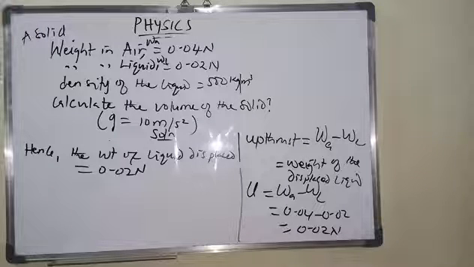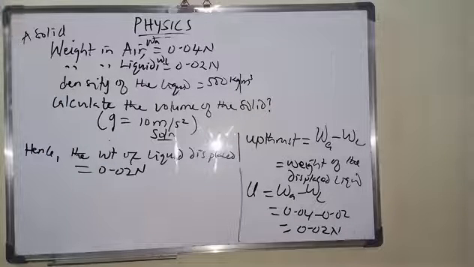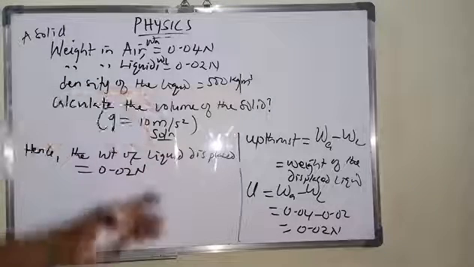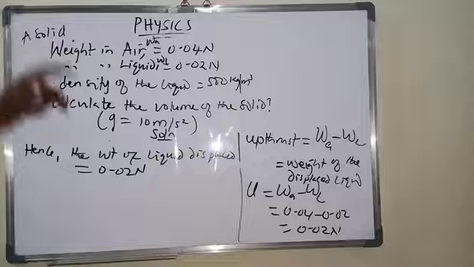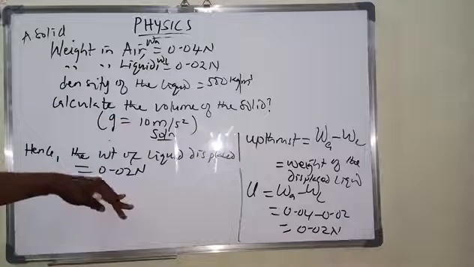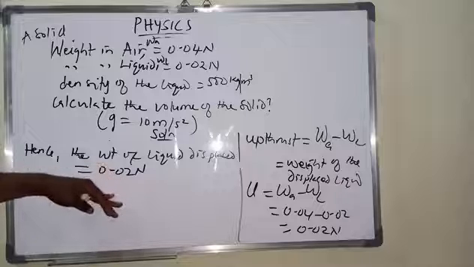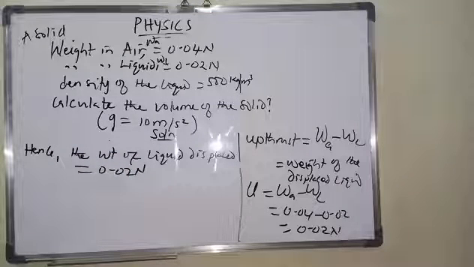So, if that is the case, then the volume, like we have said by Archimedes principle, that the body, the solid displaces its own volume of the liquid. So which means the volume of the displaced liquid is equal to the volume of the solid.